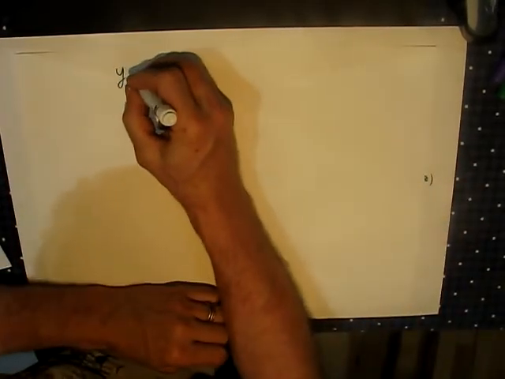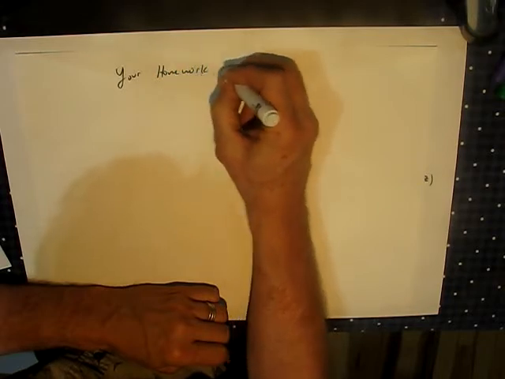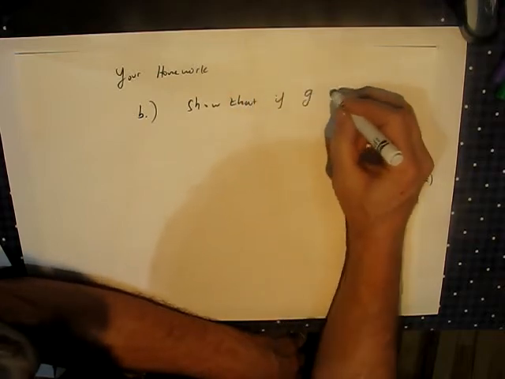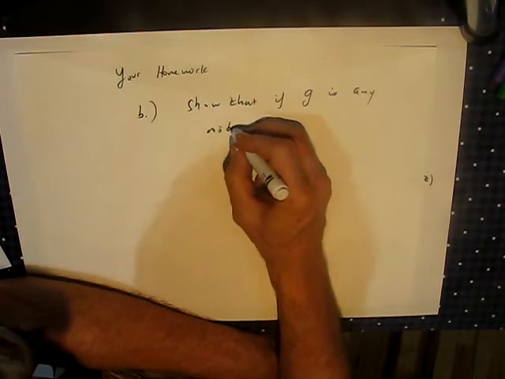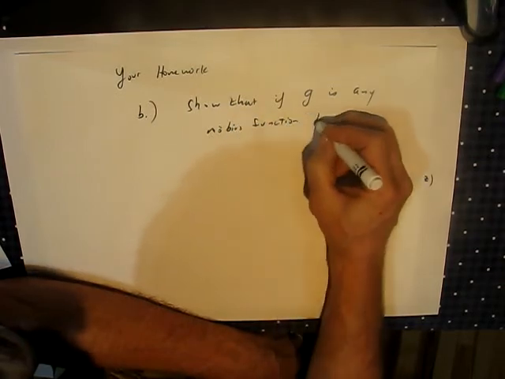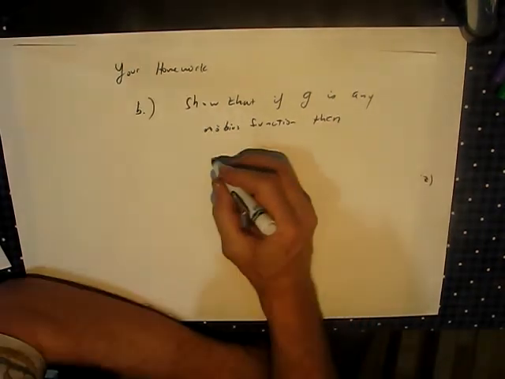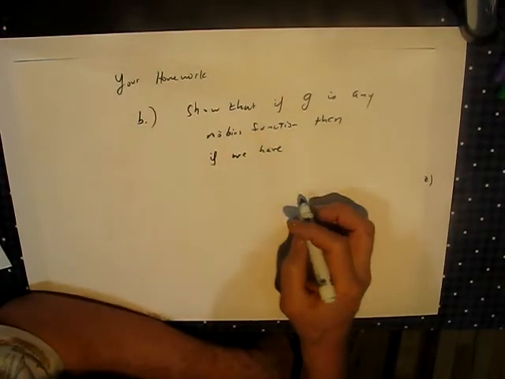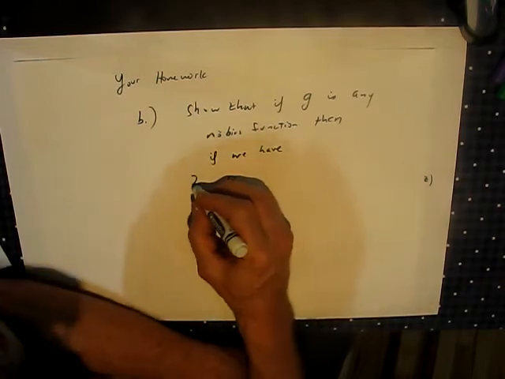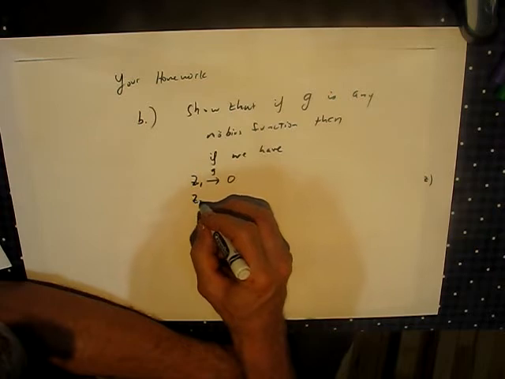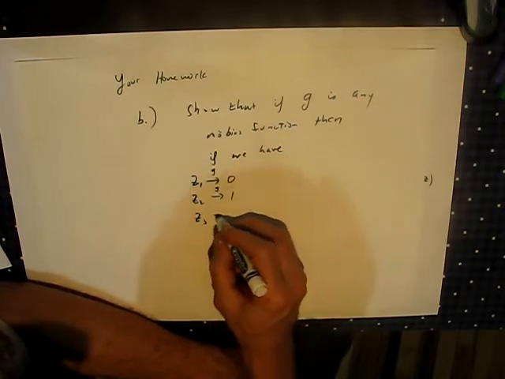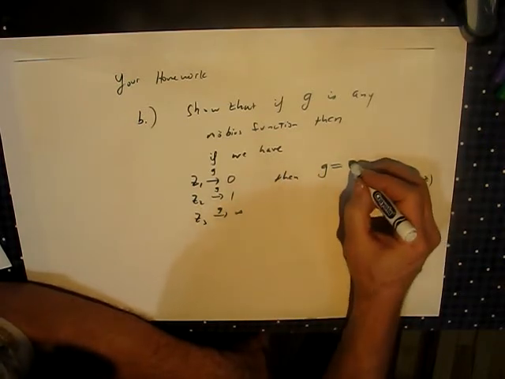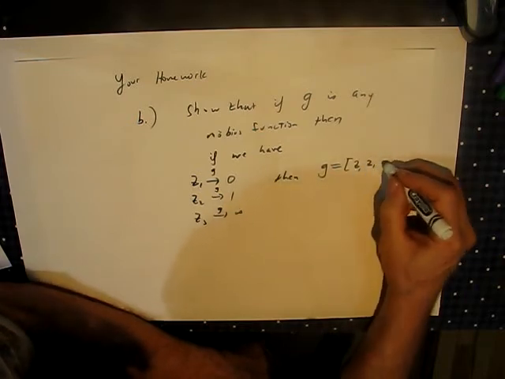Your homework is to show that if g is any Möbius function, with z1 mapped to 0 by g, z2 mapped to 1 by g, and z3 mapped to infinity by g, then g is identically the same as our cross product term.